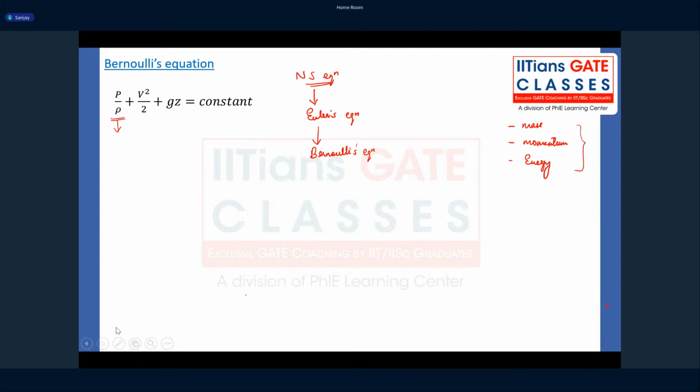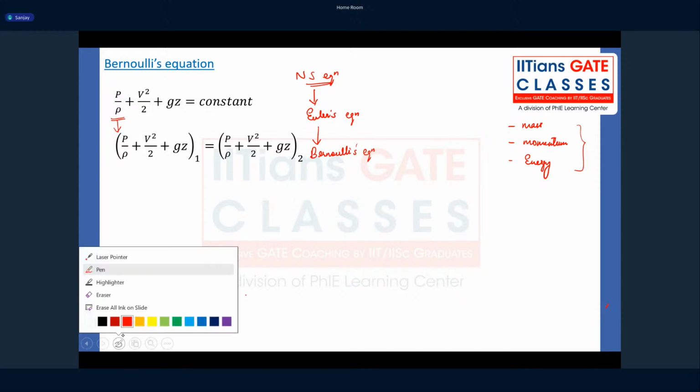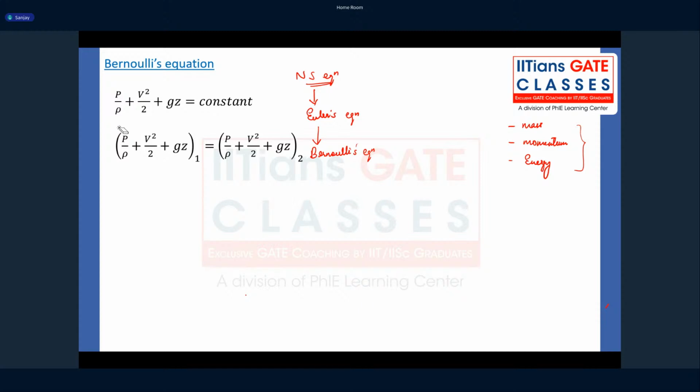Now, you can see down here, I have written the same Bernoulli's equation, but in a different form. Can someone tell me what is the difference between the first way of writing and the second way? We have written the same Bernoulli's equation in two different forms. Is it the same or is there any difference?